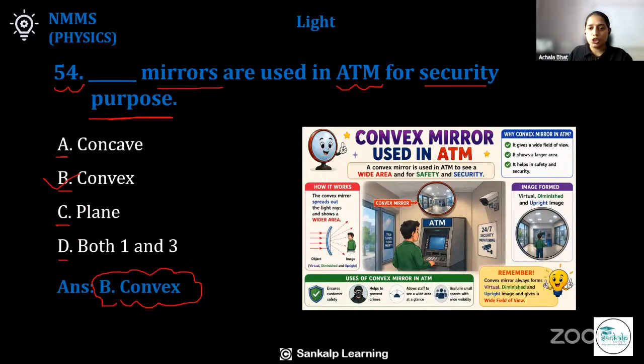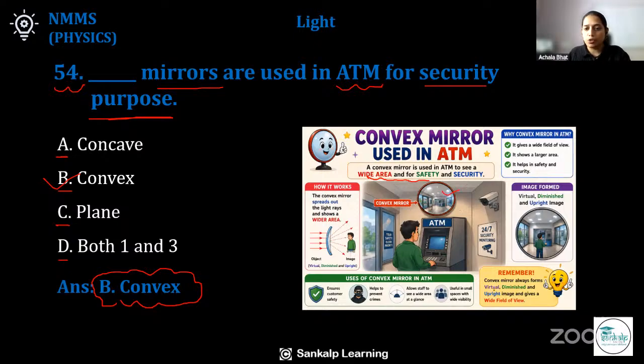Convex mirror used in ATM. A convex mirror is used in ATM to see wide area and for safety and security. You know that convex mirrors form diminished images, so they cover wide area. See, this is convex mirror used in ATM.